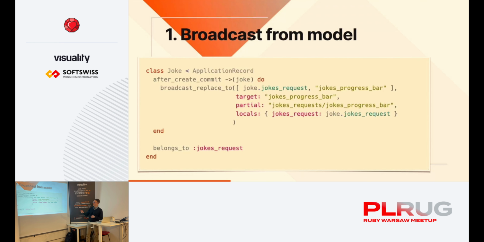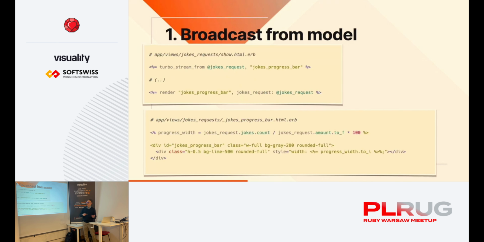The first one, target, stands for the ID of the HTML element on the page that we will modify. This is jokes progress bar, because we are talking about the progress of background jobs. Then there is a partial, and this partial will replace this HTML element with ID jokes progress bar. And we can put some data that is needed for the partial to work.